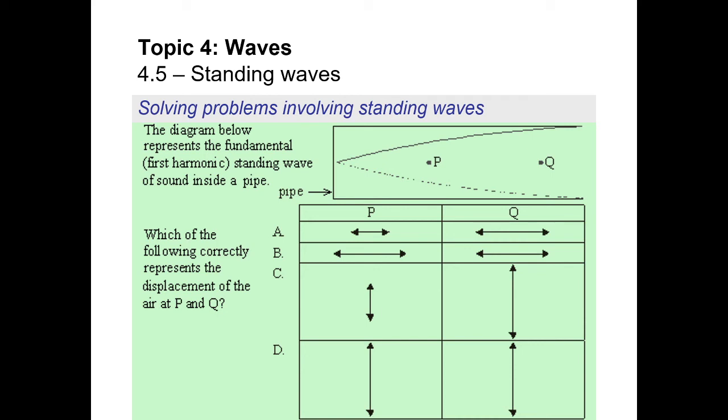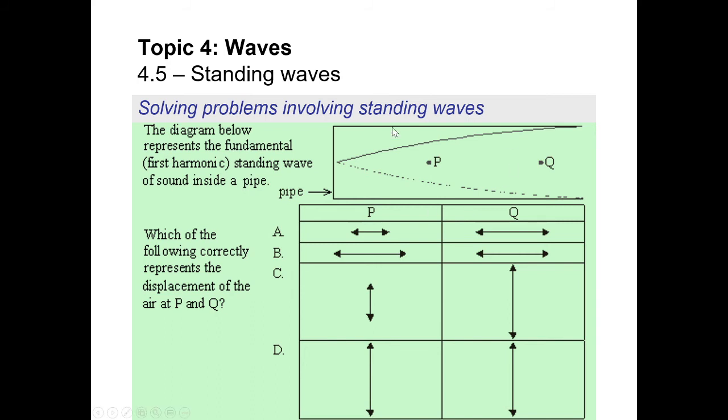But there's a very important piece of information in the question, and that is that this is the standing wave of sound in a pipe. This is not a transverse wave. This is a longitudinal wave. Remember that sound is a longitudinal wave, which means the particle motions are parallel to the direction of the wave velocity.